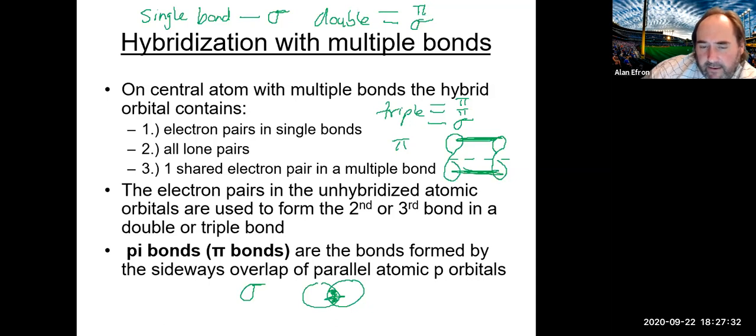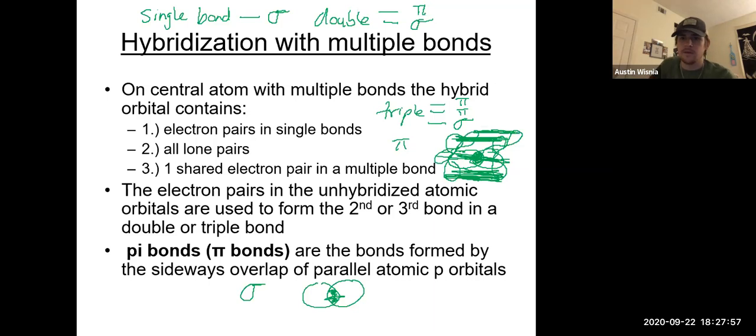I'll terribly draw it, but you've got your sigma bond happening there, and that'd be like your double bond, even though it kind of looks like 3 bonds happening. But this whole thing is considered 1 pi bond. And then this would be your sigma bond. Again, I won't be able to draw it very well, but at a different angle, the second unhybridized p orbital also does that. That would be one more pi bond, sandwiching it.